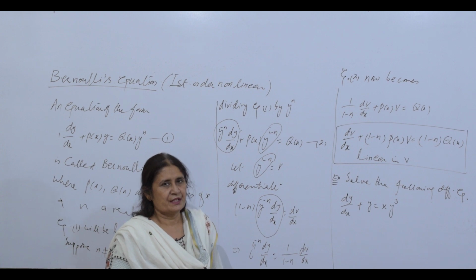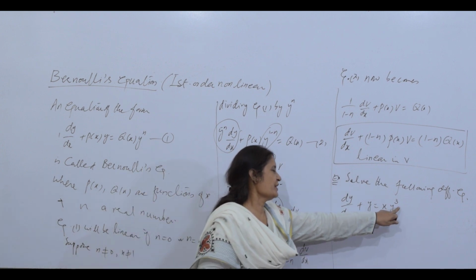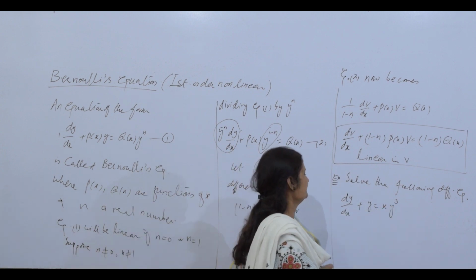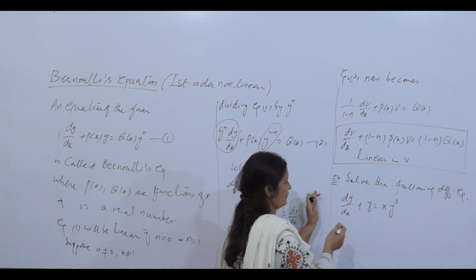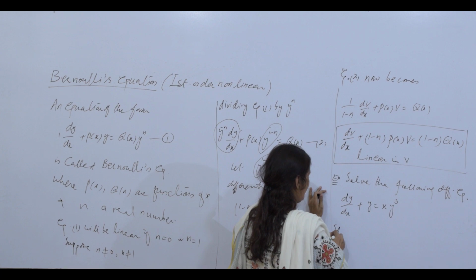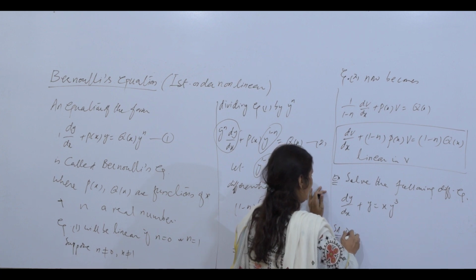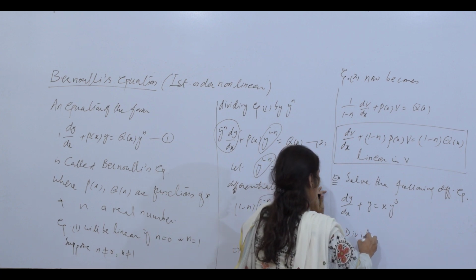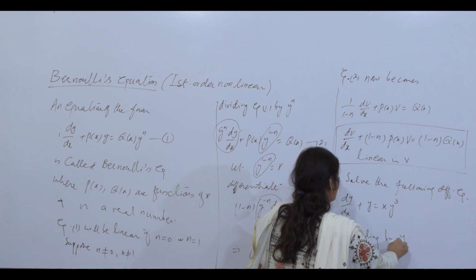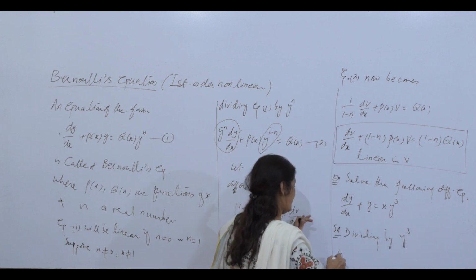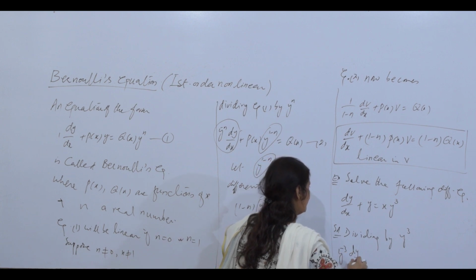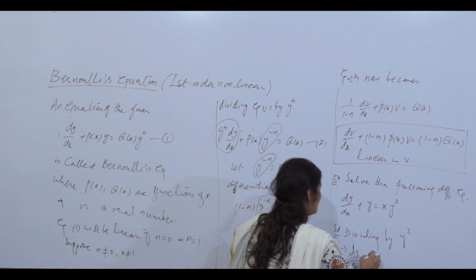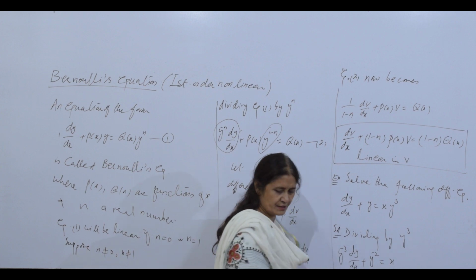Look at that. This is the Bernoulli equation where y raised to power n is 3 this time. Solution. Step 1. Dividing by y^3, this becomes y^-3 dy/dx + y^-2 = x.